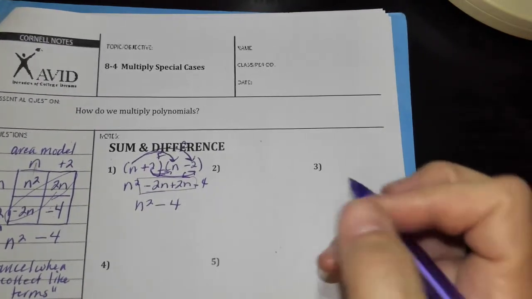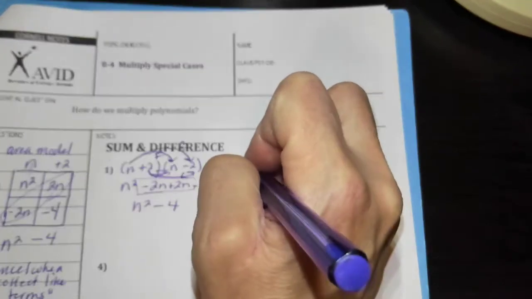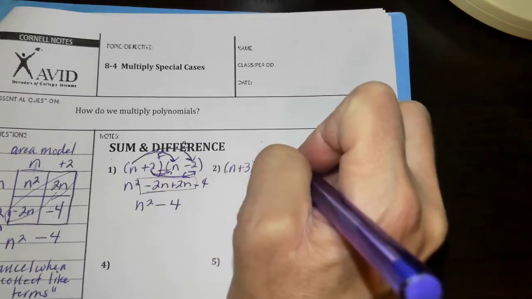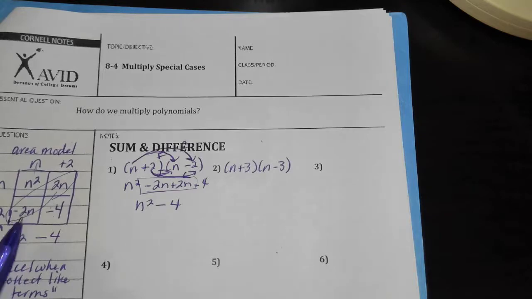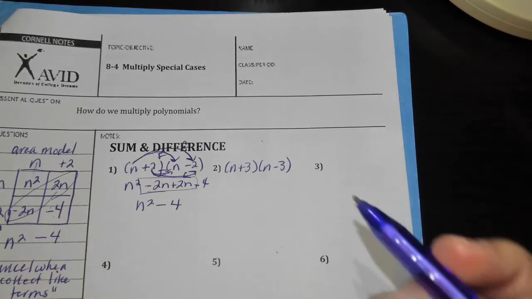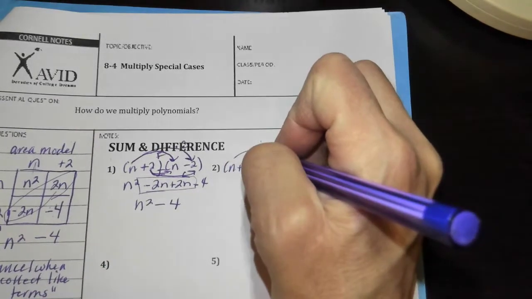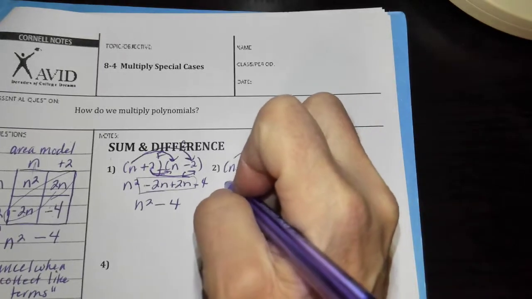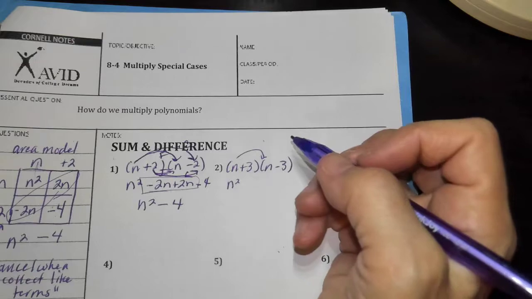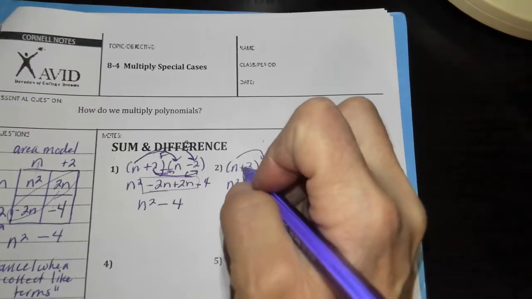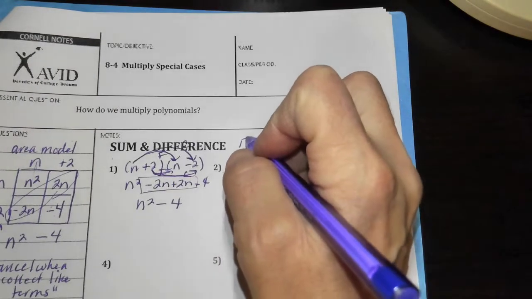So let's try our next one. N plus 3, n minus 3. I don't care which one you use. You can do the area model like we did over here, or you can do FOIL. I'm going to choose to do FOIL just because it's less writing, but this one is just as legit and works just as well. N times n is n squared. That's my F part of FOIL.